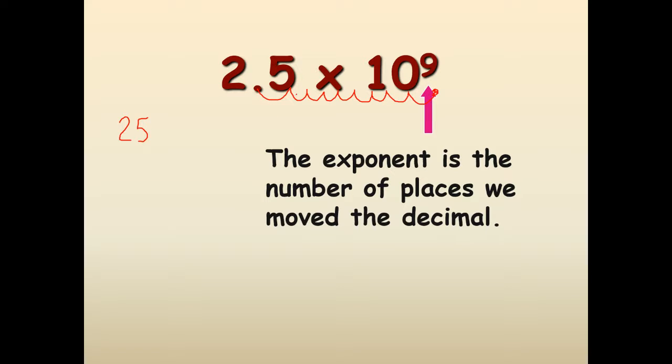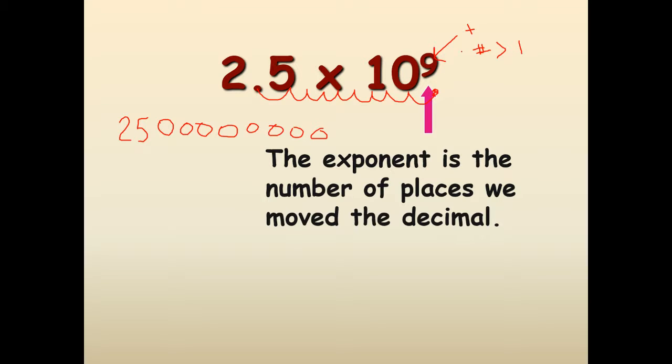When I do that, where all these empty spaces are, that's where zeros are going to be. So 1, 2, 3, 4, 5, 6, 7, 8. So I need to add 8 zeros. The reason why we know to move to the right is because, once again, the exponent is positive, which means the original number was greater than 1.